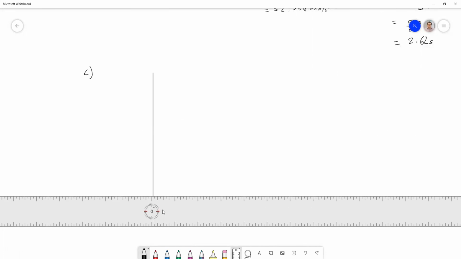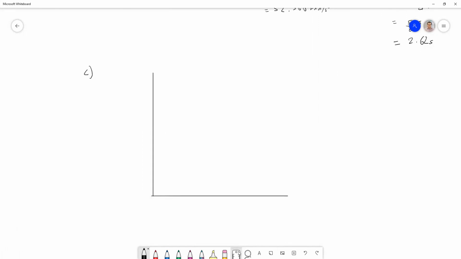This is a sketch, and what that means is this is not a scale graph. So we don't need to make sure every interval exactly measures 50 radians per second or 1 centimeter to 1 second in the time scale. What we're sketching in are our points here, so our graph doesn't have to look perfect, because we're going to get information from the points that we plot on it based on numbers we know from elsewhere in the question.